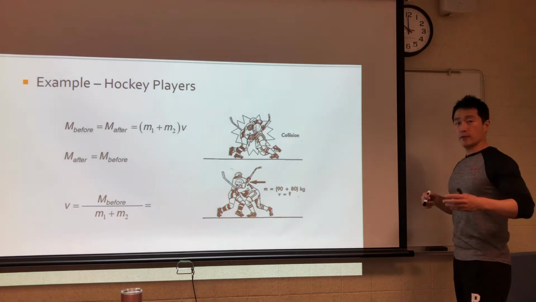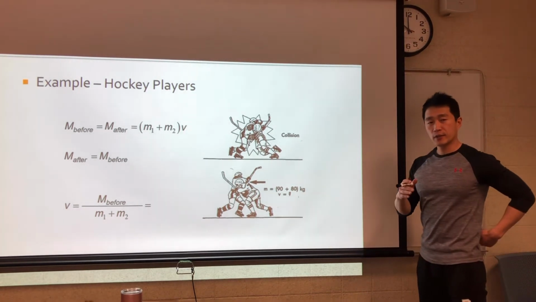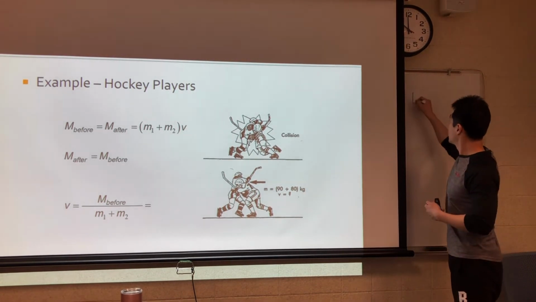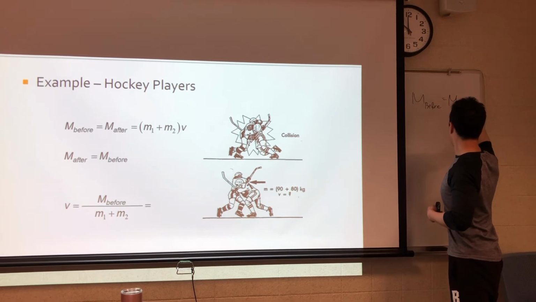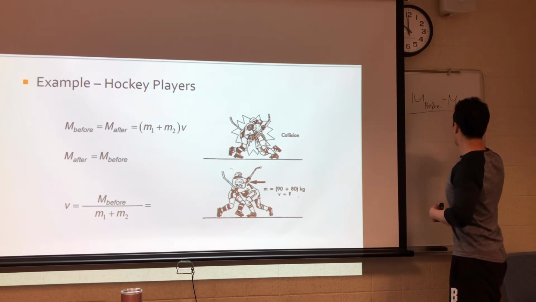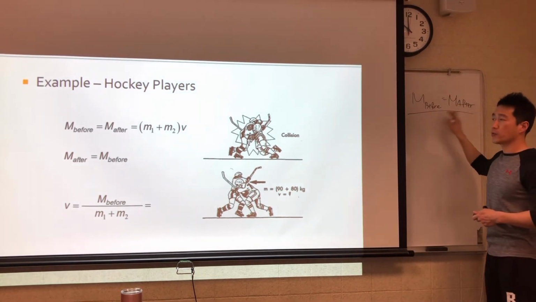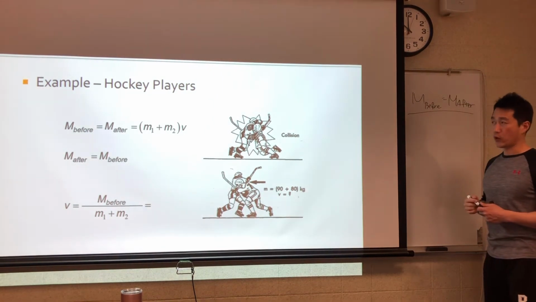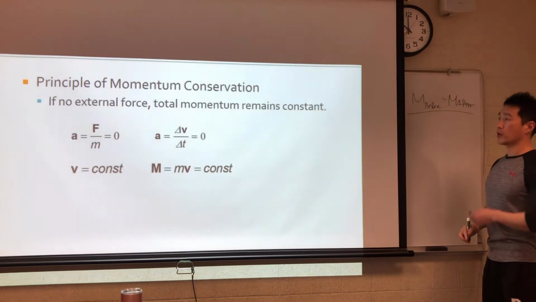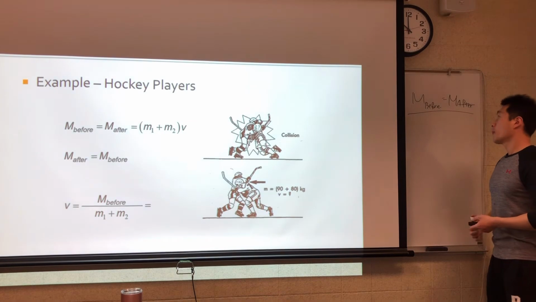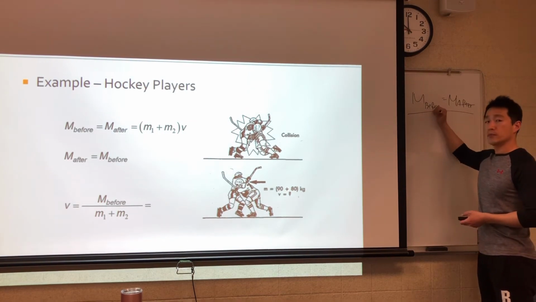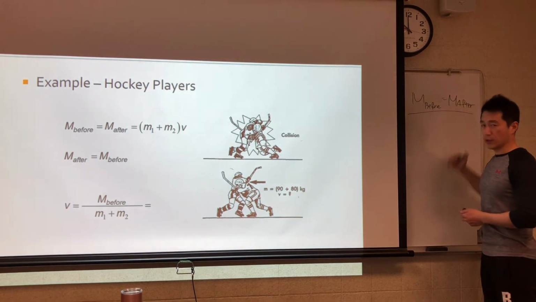According to the principle of momentum conservation, momentum before and momentum after remain the same. These two must be equal to each other. Total momentum remains constant, which means the momentum before collision must equal the momentum after collision.